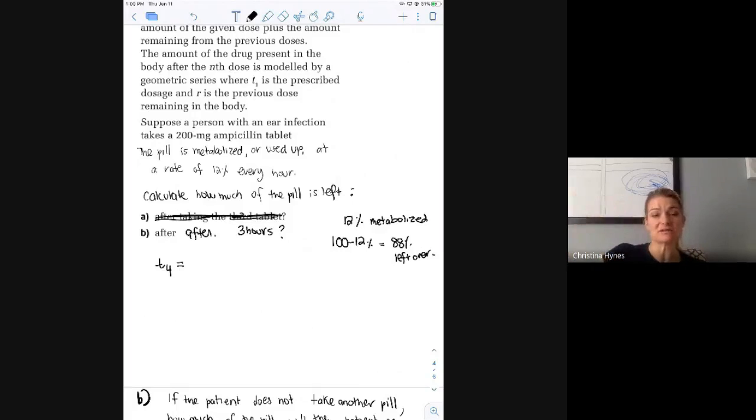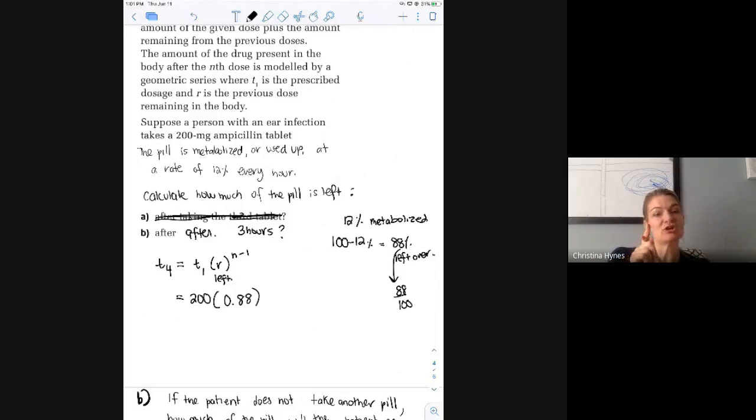Now, we're multiplying to get from term to term, so we have to use the T1 R to the power of n minus 1 formula. We want to know how much is left, so your R value needs to be the leftover value. Term 1 means how much medicine we have in our body. Well, we start with 200 milligrams. How much is left? We take this percentage and divide it by 100, so it's 0.88 for your R. That's the leftover amount.